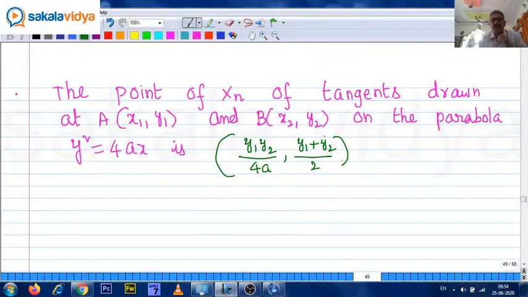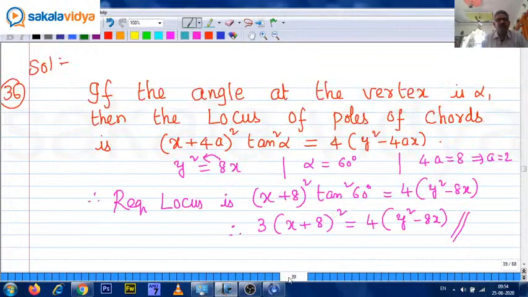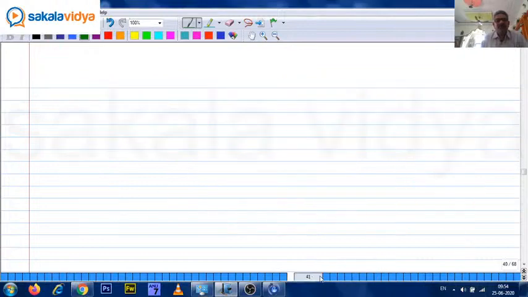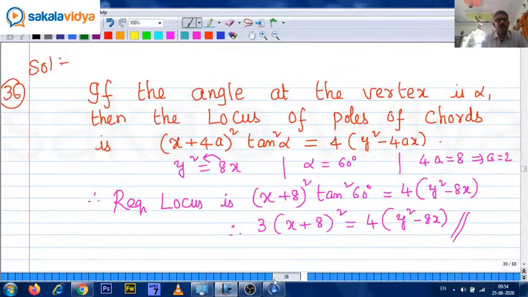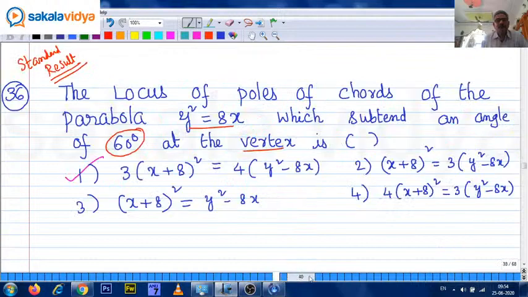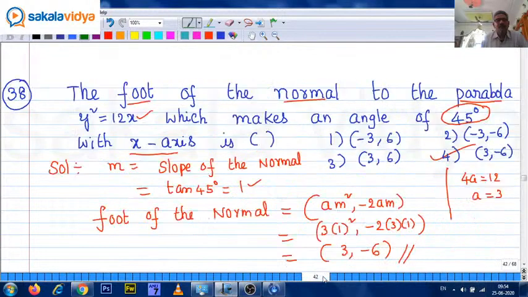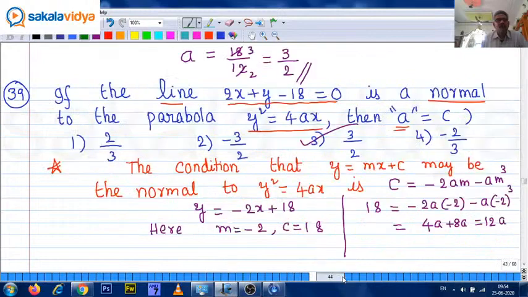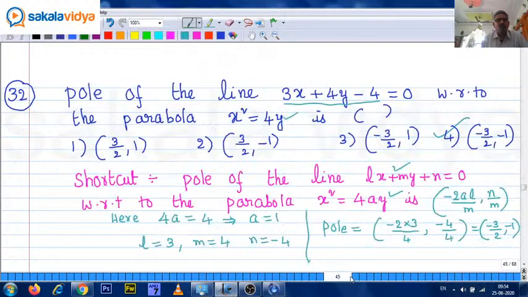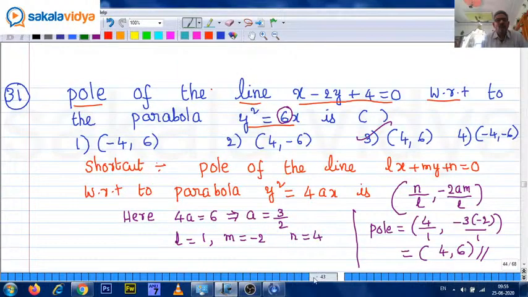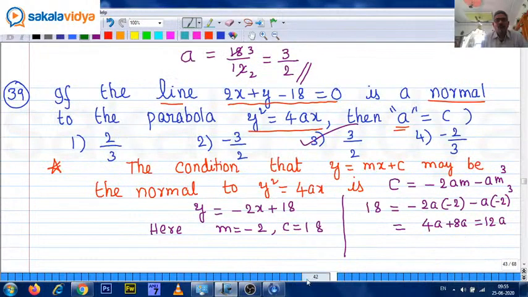Okay, now let us move to the questions. Let us have a discussion. What is the question number? Last question number we have discussed. 42.